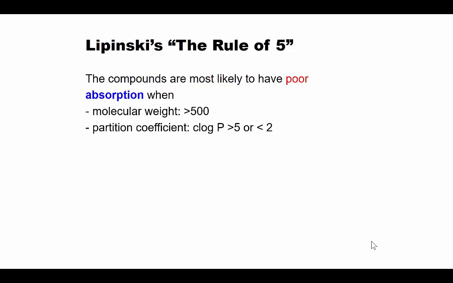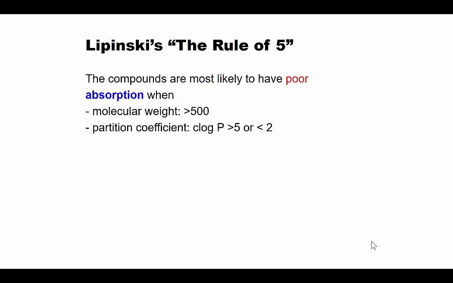If the log P value is above 5, they cannot enter the cells because they are too hydrophobic. When they encounter any membrane structure, they just get stuck to the membrane. They cannot penetrate. If the log P value is lower than 2, it's too hydrophilic, so it cannot penetrate the membrane. They just stay outside of the membrane.